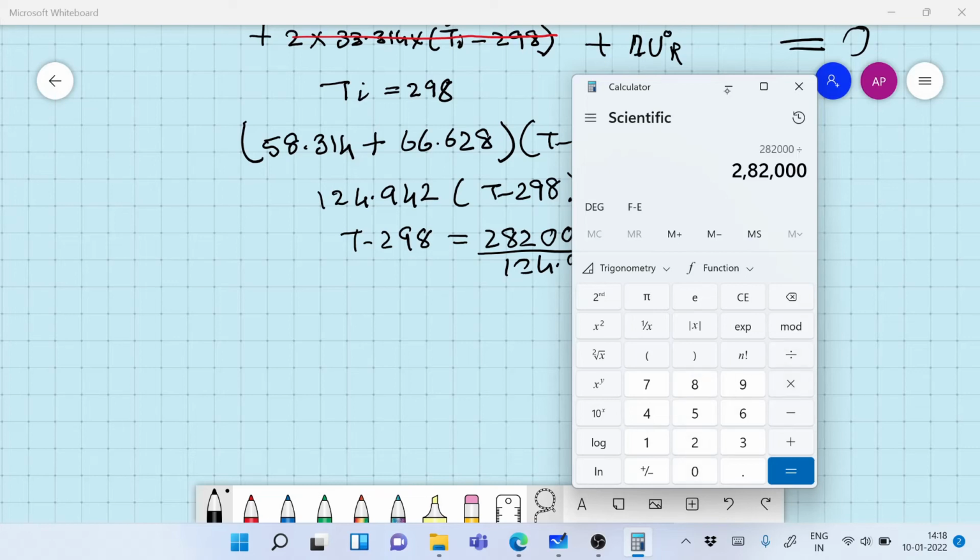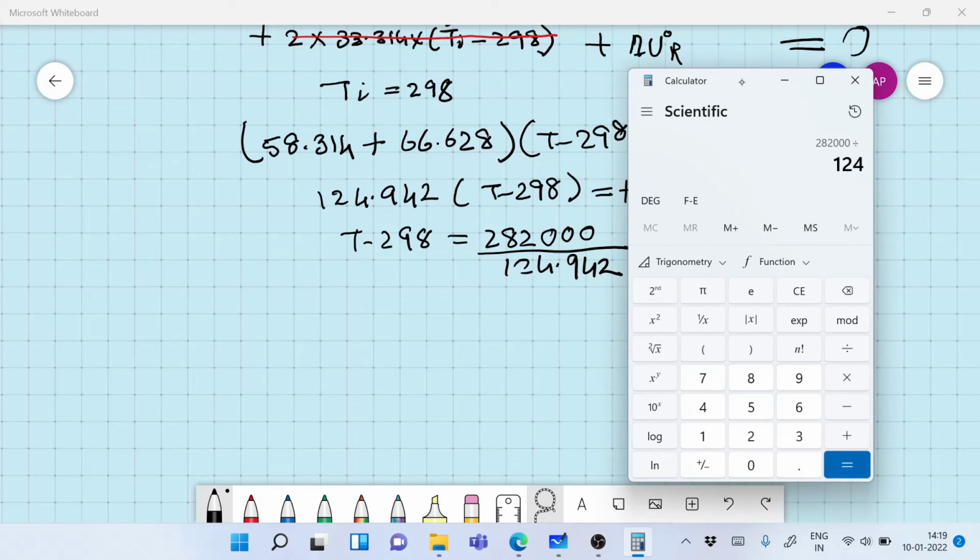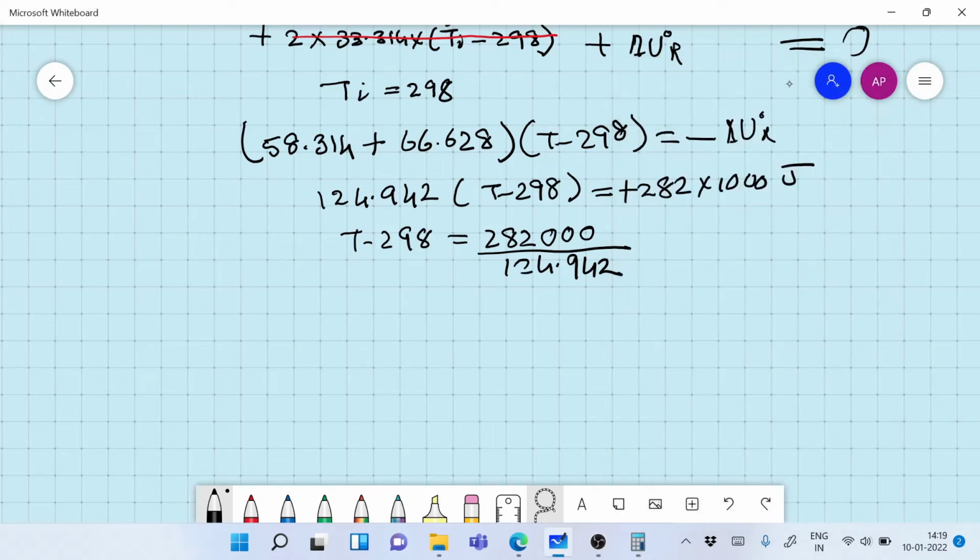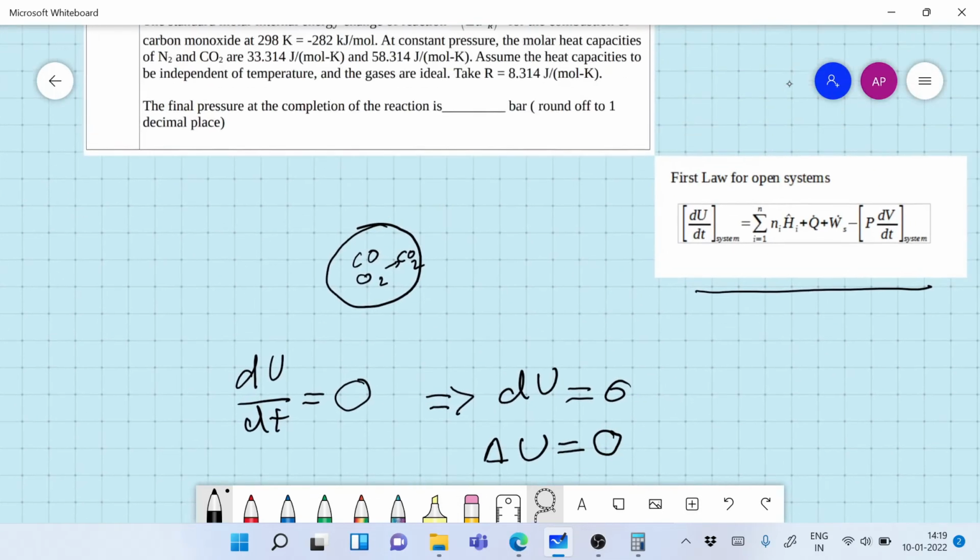This is equal to 2257. That is what we have got.